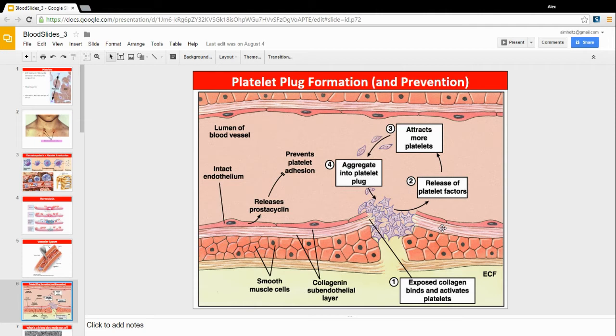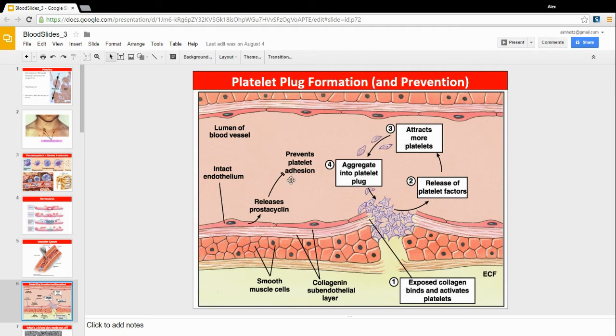But I can imagine your brain is wondering right now, what prevents the platelet plug from just growing and growing and growing? And here's the thing. The platelet plug is restricted to the injury site because normal, healthy cells, all these cells up here where my cursor is, like this one, for example, which is labeled intact endothelium, release a chemical called prostacyclin, which prevents platelets from sticking.